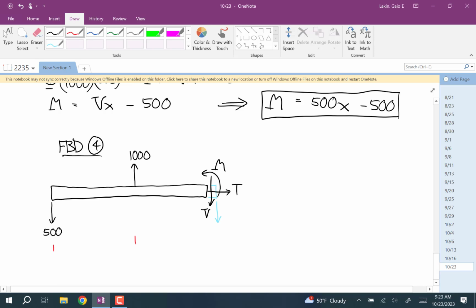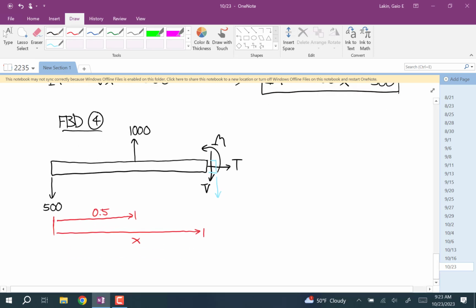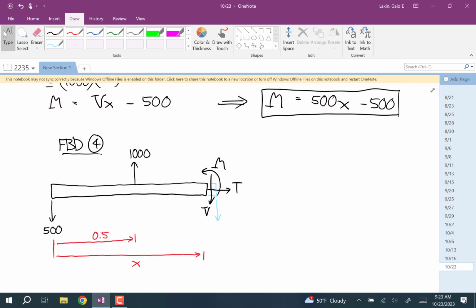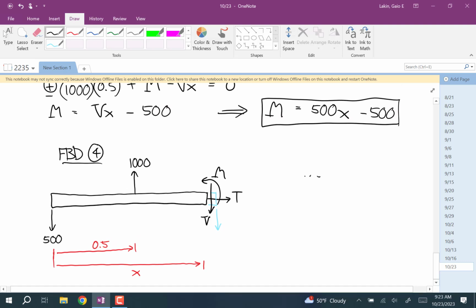And what are the distances? This distance is still 0.5. And this distance is x. Okay? And so if you go through this, you get the same thing we did before. T is 0, V is 500, M is 500x minus 500.